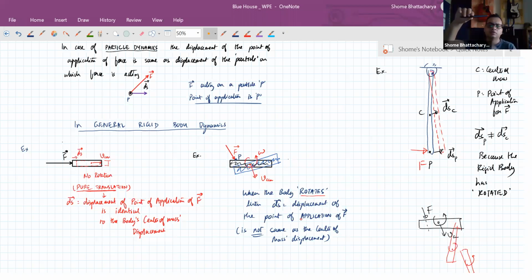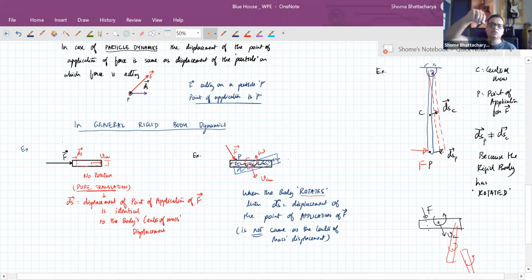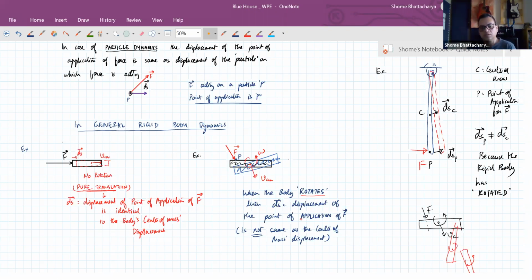But if you apply the force like this, it will go into this kind of motion, a combination of rotation and translation. Or if the rod is hinged at the top and we apply a force at the bottom like this, it goes into a displacement like this. That is what I've shown in the example on the right hand side. You can see that the force is acting at the lowest point, so the lowest point has a different displacement compared to the center point.